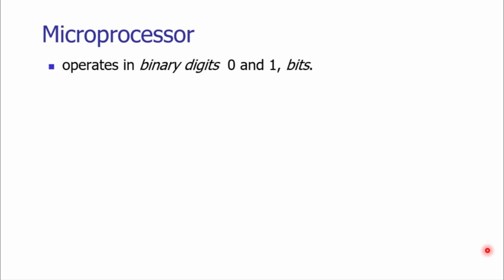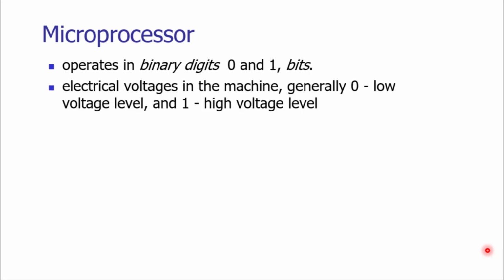These processors operate in binary digits, that is 0 and 1. These digits are called bits. If the electrical voltage given to the machine is of low level, then the bit would be 0, and if a high voltage is applied, high electrical energy is applied, then we consider that as the bit 1.